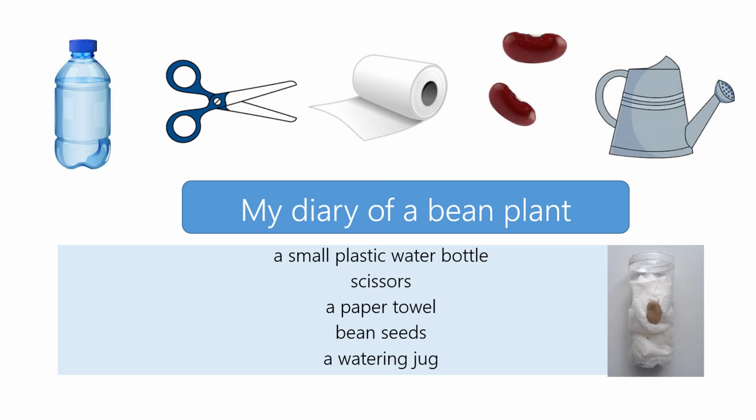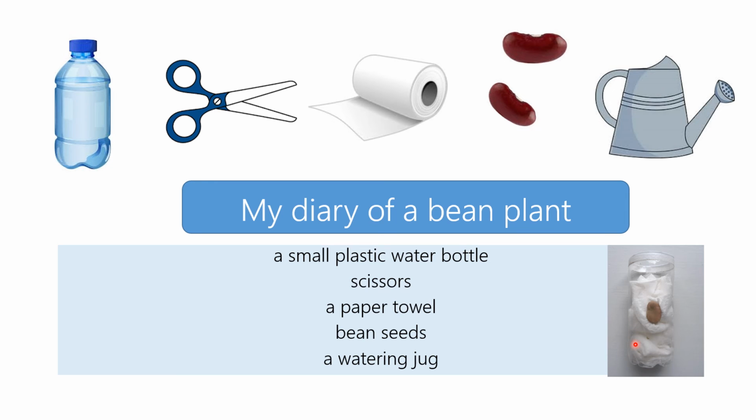To plant a bean seed, you need a plastic water bottle, scissors, a paper towel, some beans, and a watering jug. First, cut the top of the water bottle with your scissors, and then put some paper towel into the bottle.